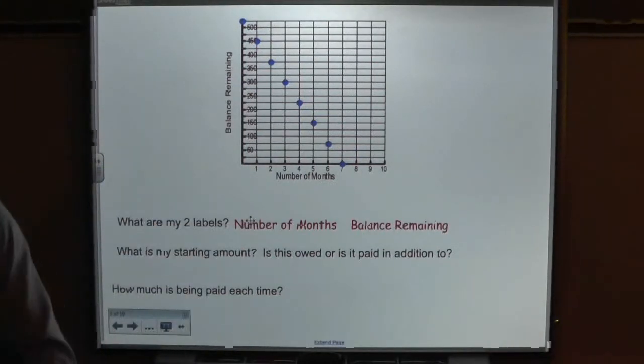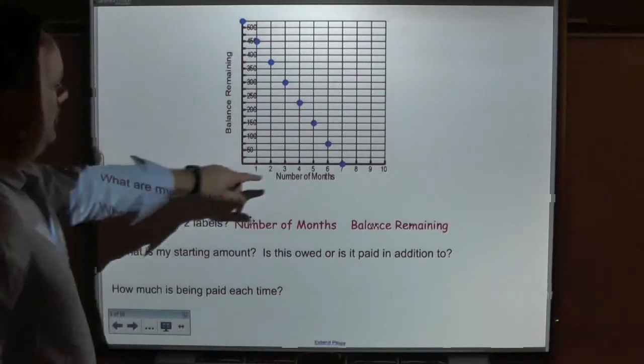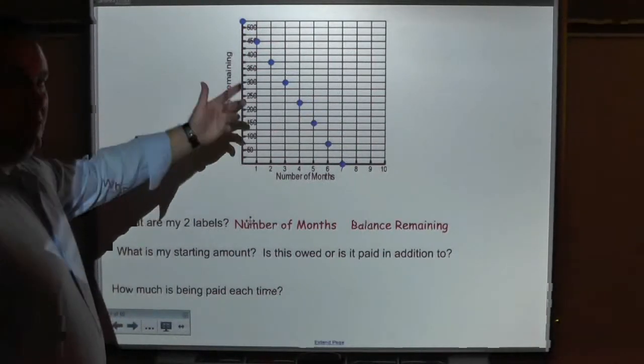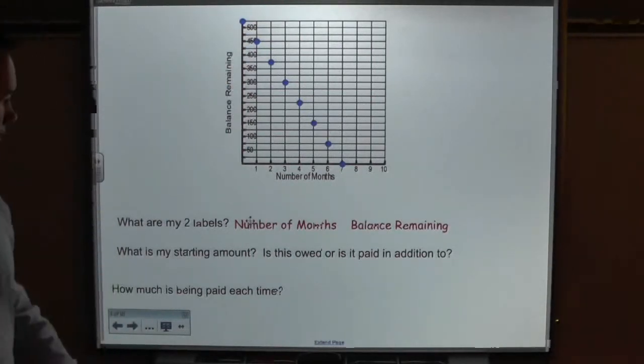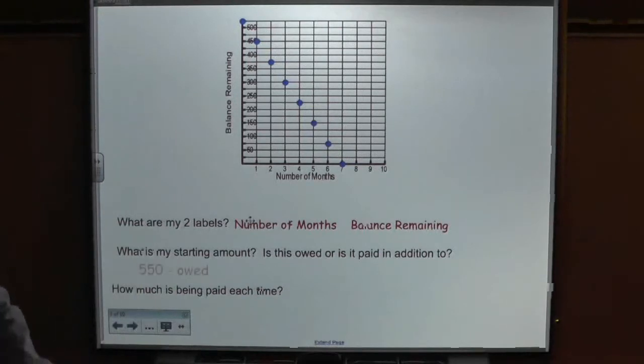As we look over here, that's basically starting at 0 months. It starts way up there, at 550. And what do we call that? Owed or paid? Well, it's what you owe, because it's the balance remaining. So it's how much you owe.